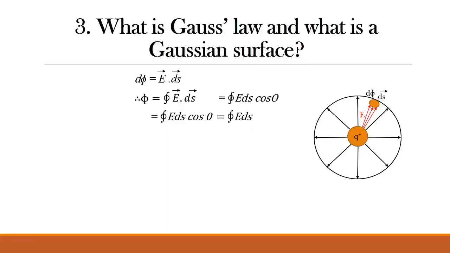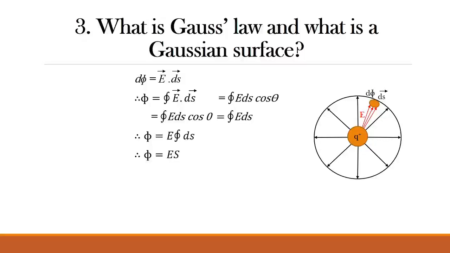The value of the electric field at every point on the surface is constant, so we can take it out of the integration, that is phi equal to E closed integral ds. But closed integral ds is the total area of the Gaussian surface, that is phi equal to E S.